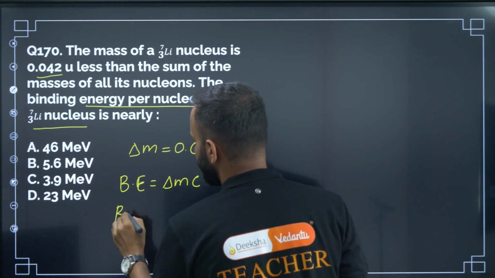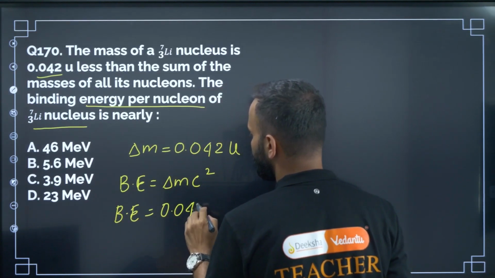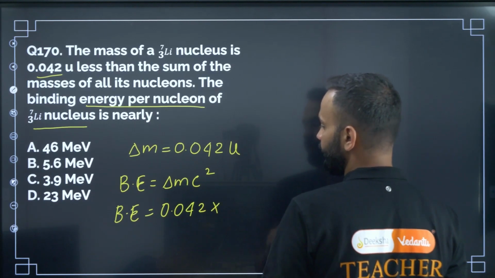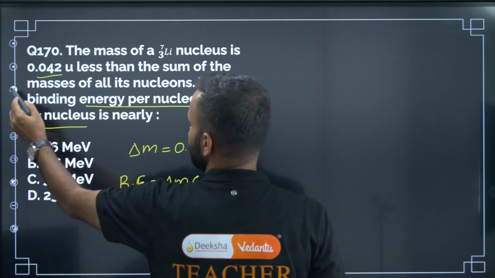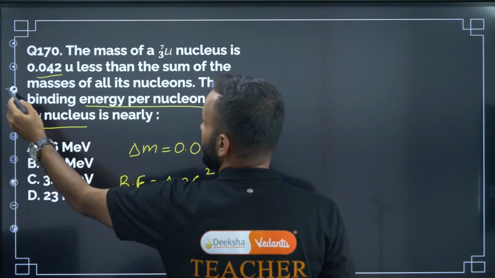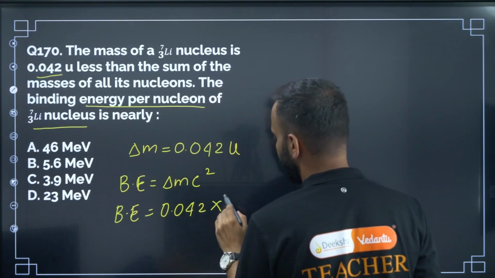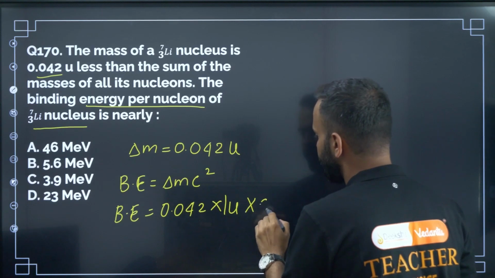So binding energy = 0.042 u into c square.